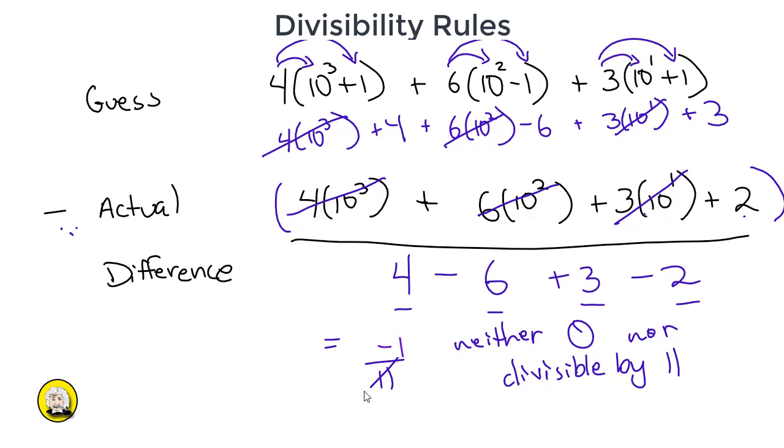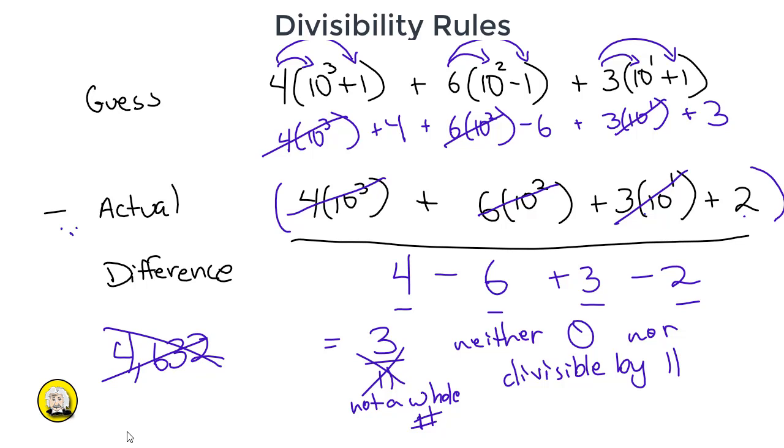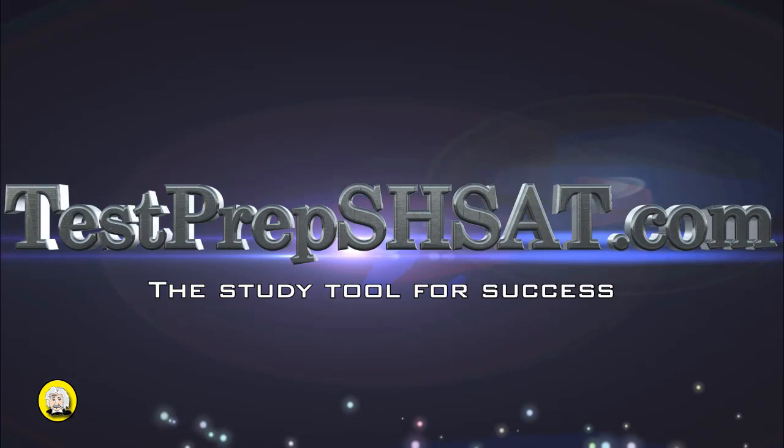So as a result, we can say 4,632 is not divisible by 11. But that is the general approach, and it's why in every case we end up, regardless of the number, with the alternating series of digits and a check for divisibility by 11.